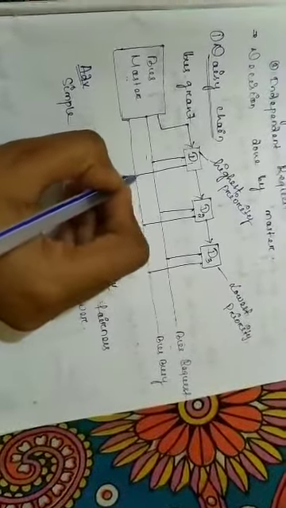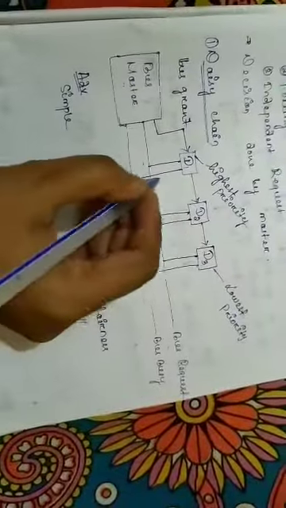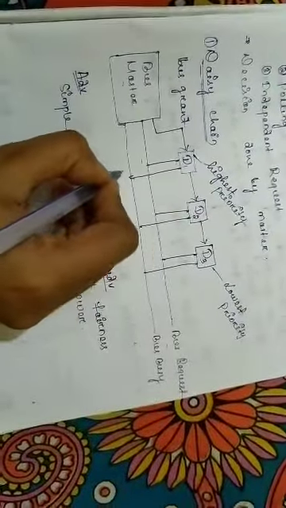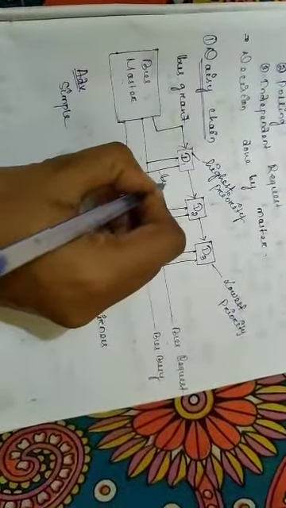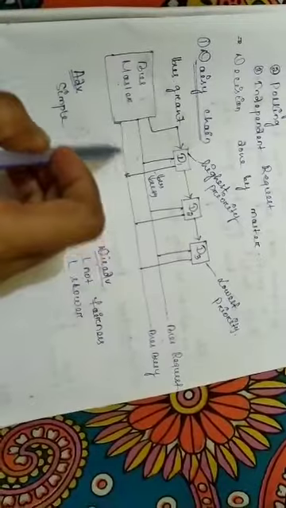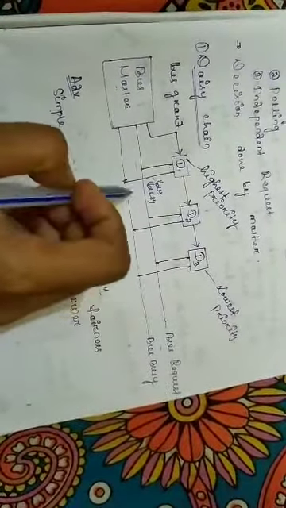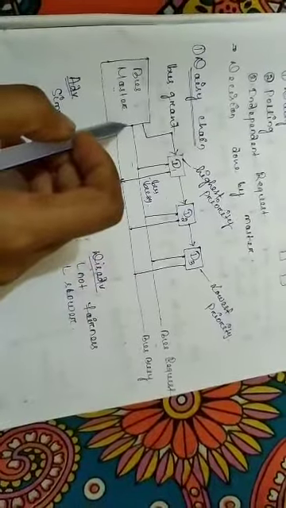Then D1 will activate bus busy, so that when the bus busy line is activated, no other device can request the bus.